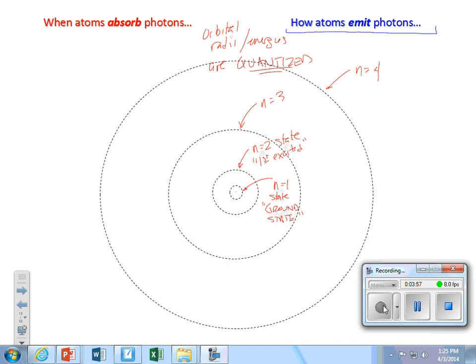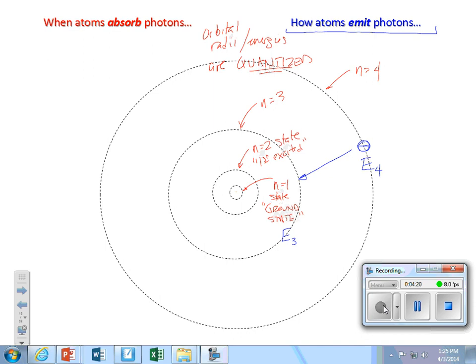And so when an atom emits light, that happens because an electron can go from a higher energy to a lower energy. Right? This state has an energy that we'll call E4. This state has an energy we'll call E3. All right?